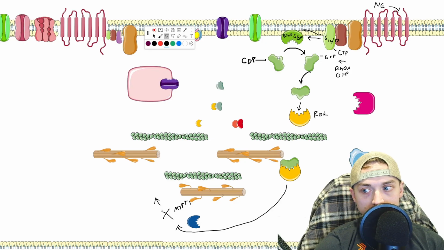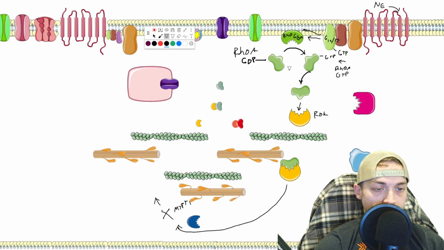And what this over here is, is RAS homolog family member A, or just Rho A. And this is Rho A GDP because it has a GDP attached to it. So we got Rho A over here with a GDP attached to it. Now, once this ROGEF becomes active, it is going to cause this Rho A GDP to pick up a GTP. Now, over here, we have Rho A GTP.